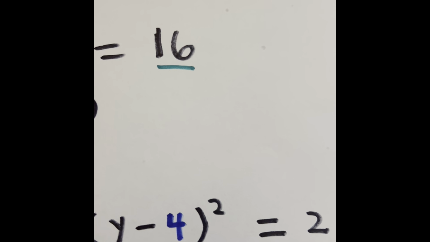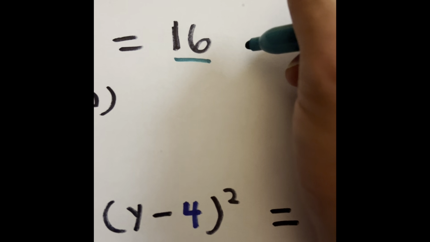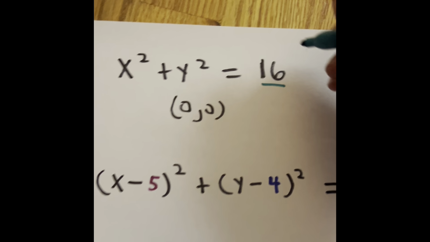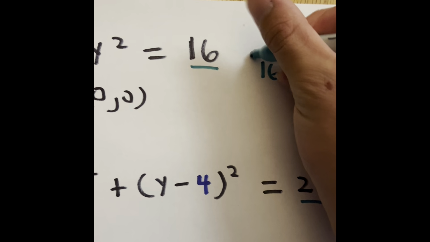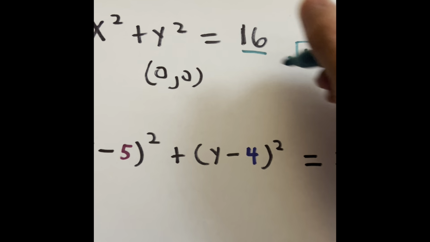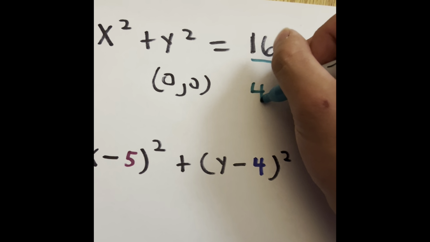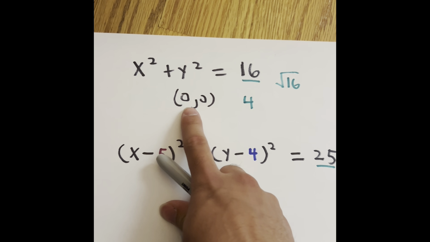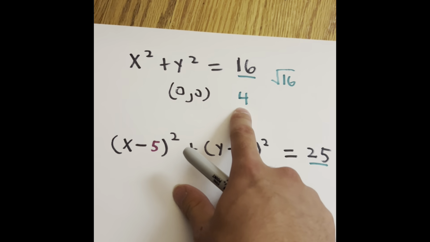The 16 is going to be square rooted, because the r squared is in the formula right over here. The square root of 16 is 4. So we need to create a circle that has a center point at 0, 0 and has a radius of 4.